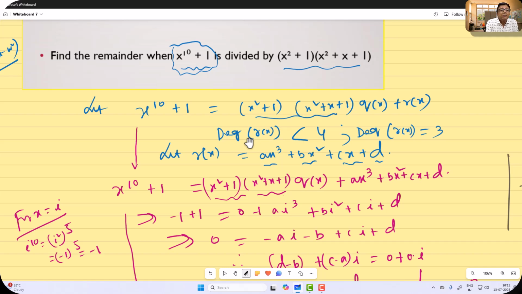When you are dividing a 10th degree polynomial by this one, this is what? A 4th degree polynomial, you have to find the remainder. This is just another example in the series. You write the given polynomial in the form (x square plus 1)(x square plus x plus 1) q(x) plus r(x).